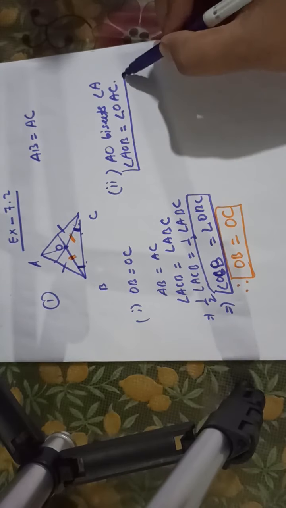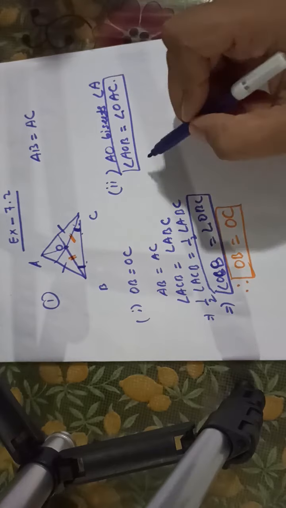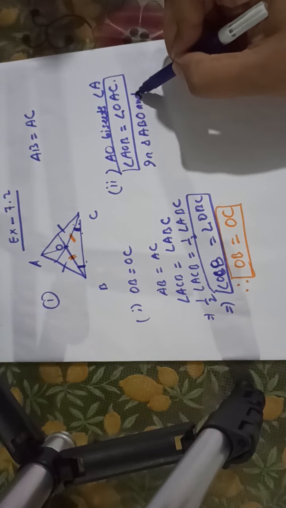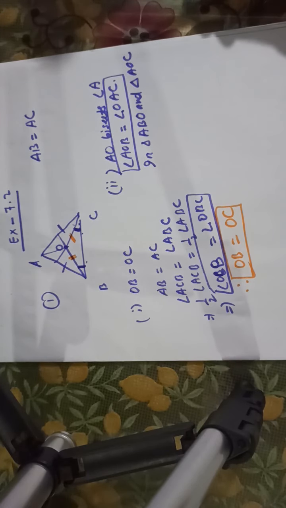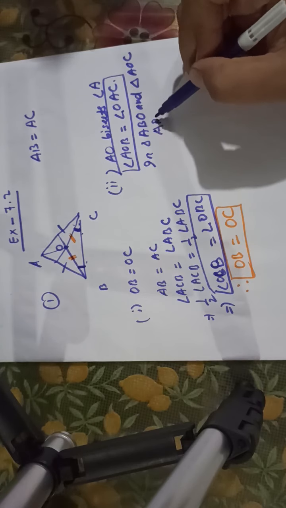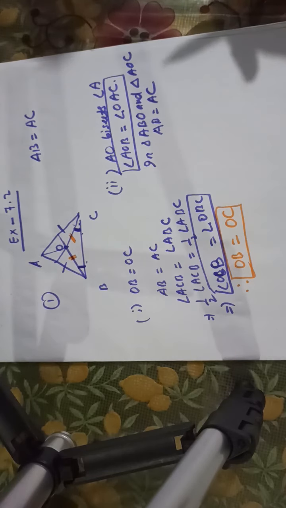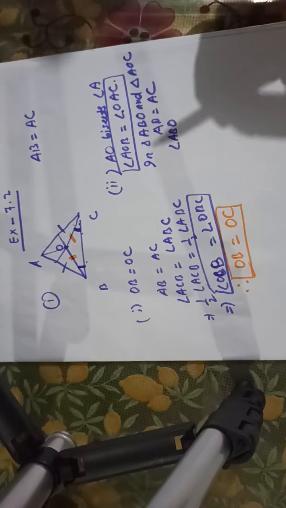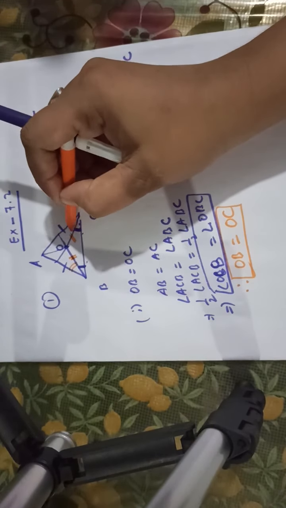You have to prove this part. So let me take triangle ABO and triangle AOC. What I can write is, side AB is equal to AC, isn't it? That is already given in the question. Then one more thing I can write: angle ABO, this angle, is equal to this angle.